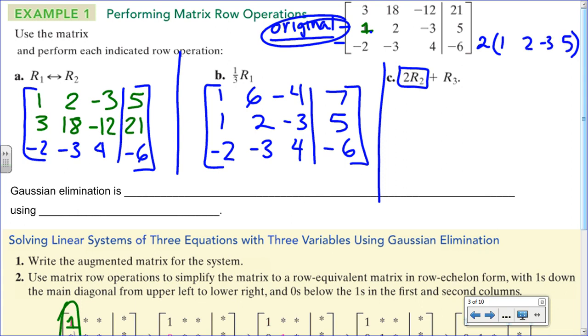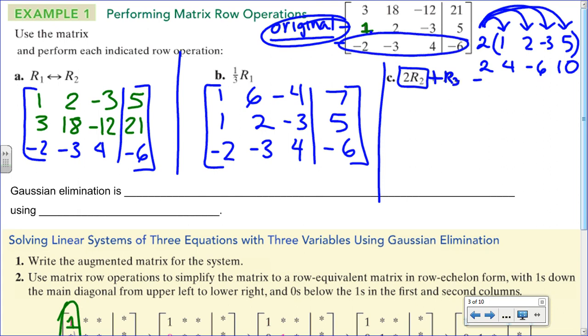So that will give me, we have to distribute all across. And so that will give me 2, 4, -6, and 10. And then we're going to add R3. R3 from here. So that's going to be -2, -3, 4, and -6. That will give me 0. 4 minus 3 is 1. -6 plus 4 is -2. And 10 minus 6 is 4.